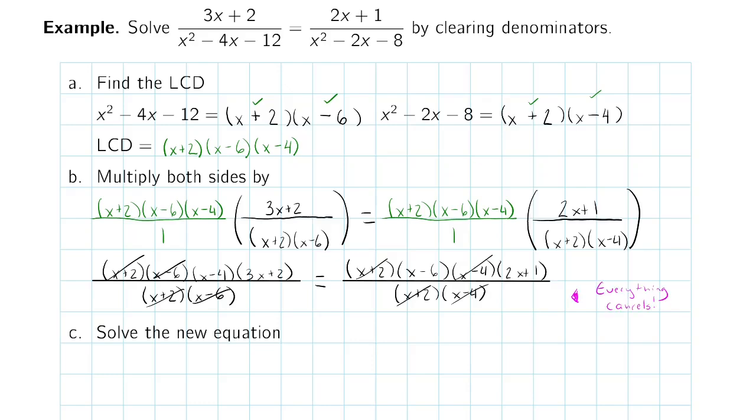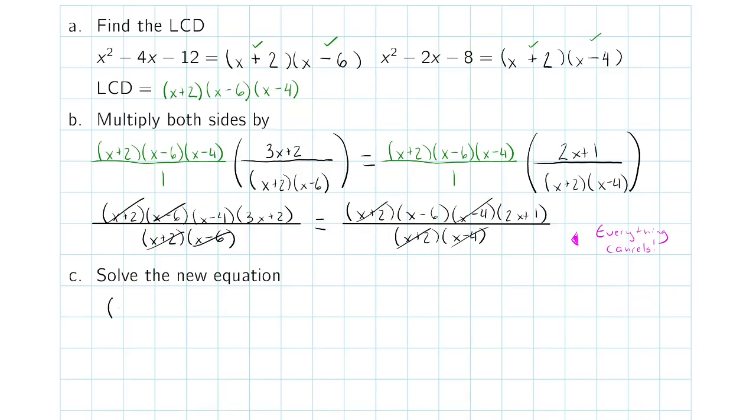If I had the right least common denominator, everything in my denominators will cancel out. And now I'm left with, on the left, x minus 4 times 3x plus 2. On the right, x minus 6 times 2x plus 1.